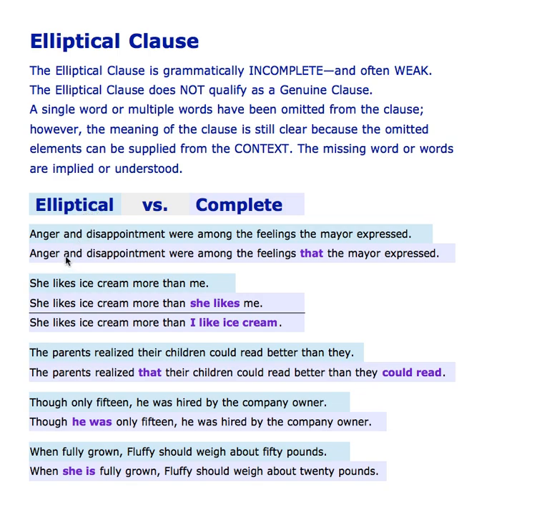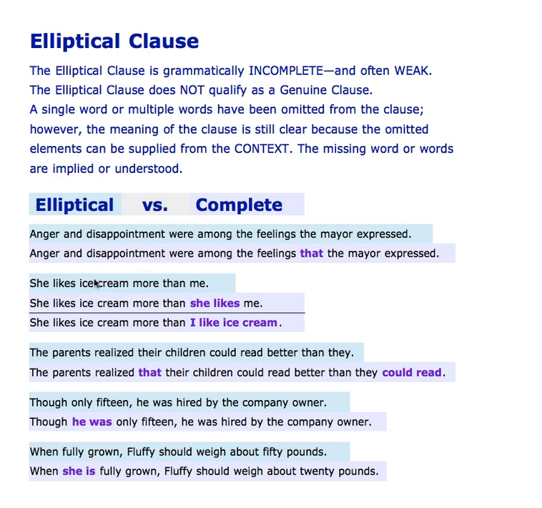And here's the complete thought: Anger and disappointment were among the feelings that the mayor expressed. You see, in the elliptical version, the word that was omitted, and that's okay. That's the way people talk. But you can see, though, that essentially one of these is not entirely complete, and one is as complete as reason will allow it to be.